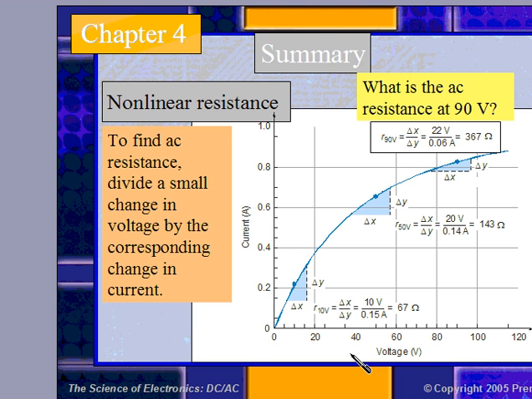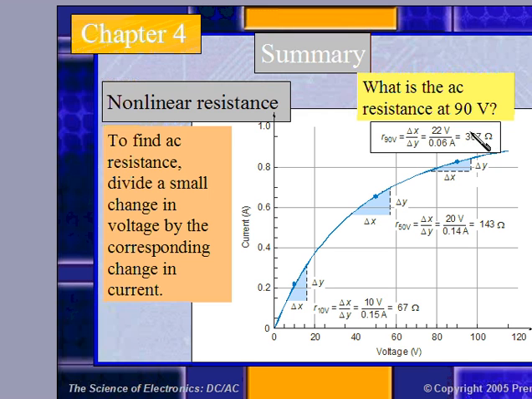To find AC resistance, divide a small change in voltage by the corresponding change in current. So here we need to find a change in X divided by a change in Y. So you just pick 2 points on the curve, and to find the change, you just do a subtraction from one point to the next.